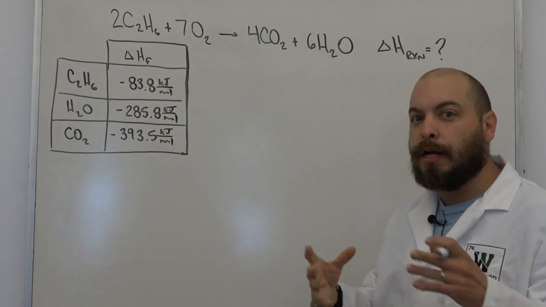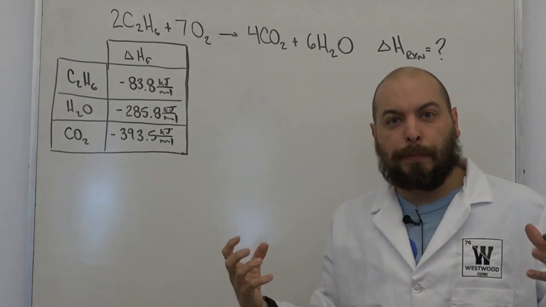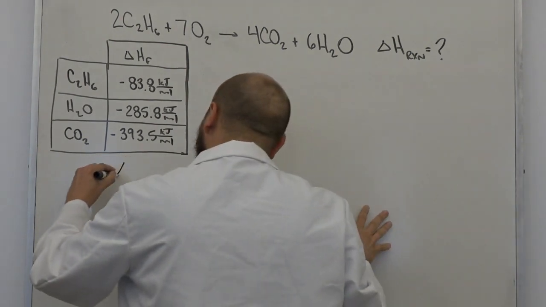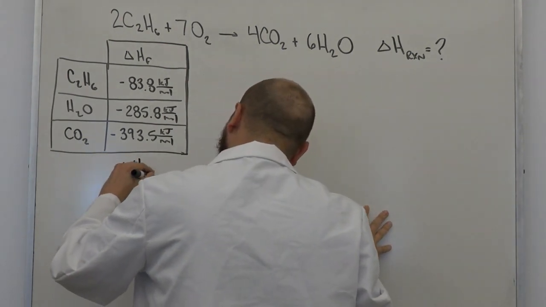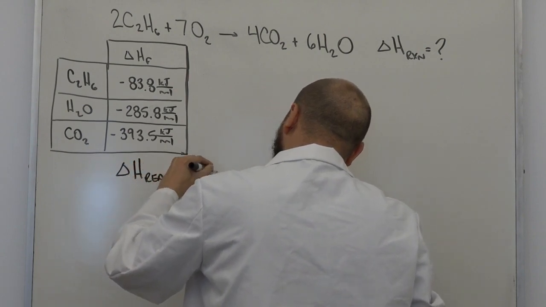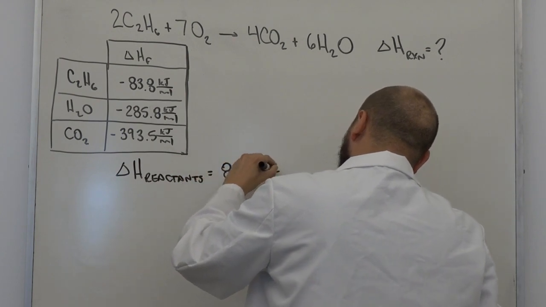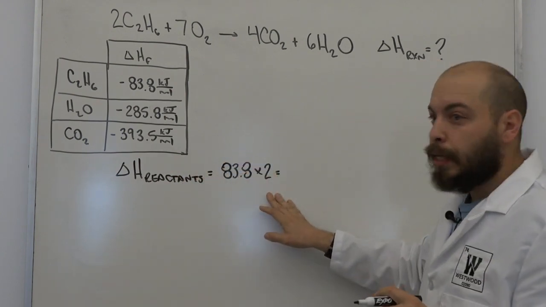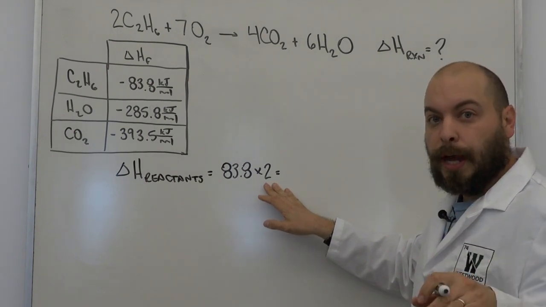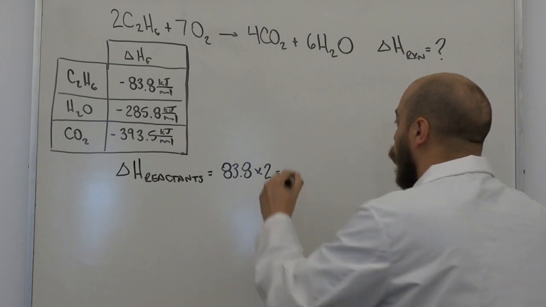This is going to be the heat of those reactants, or that one reactant in this case, breaking apart. That's going to give me a change in enthalpy of my reactants of 167.6 kilojoules per mole.